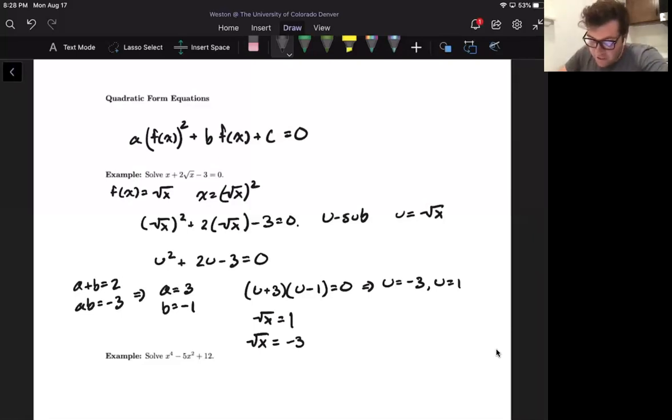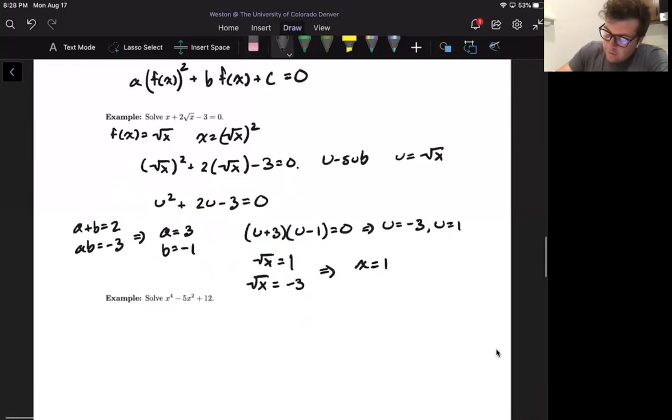We have our convention that the square root is not negative, therefore we know we can't have a solution to the bottom equation, so we have to have that x equals 1 is our final solution.